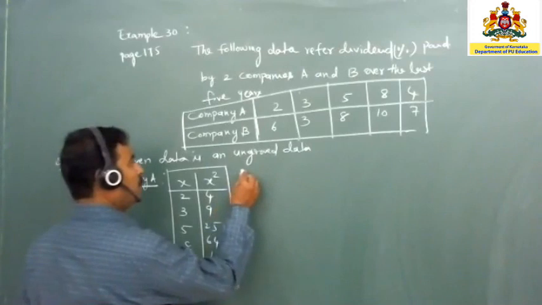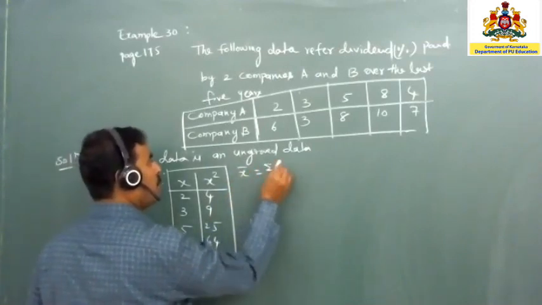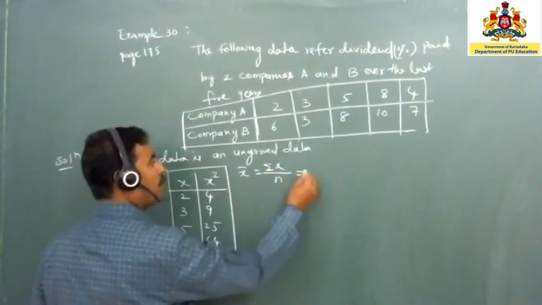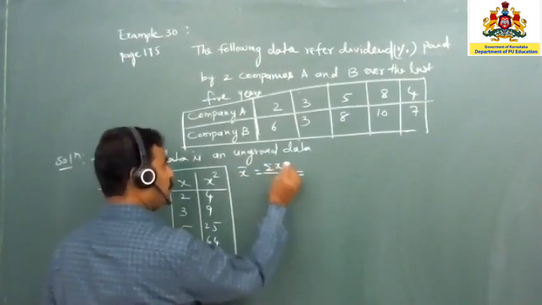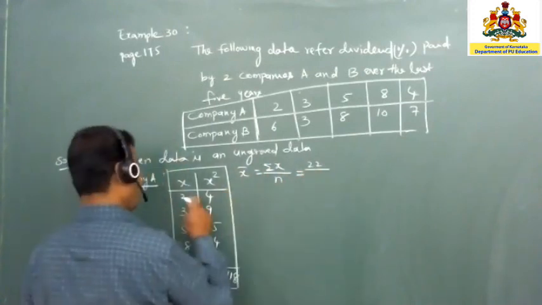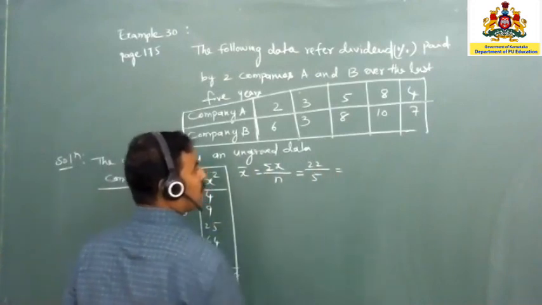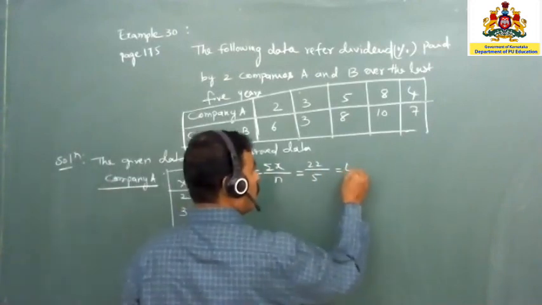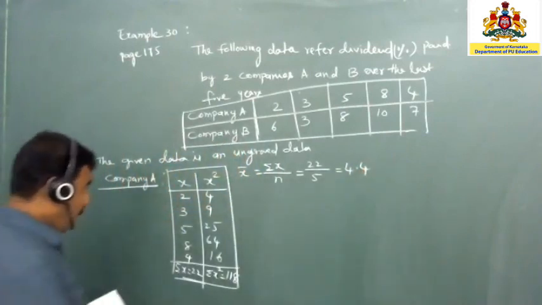Now x bar equals summation x by n, which is 22 by 5, since n equals 5. It is 4.4.